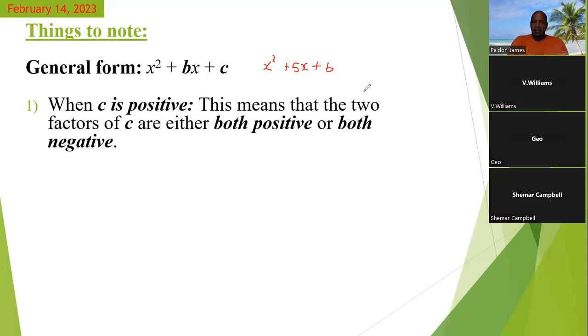What is it that you can say about the last term here? What is the sign of the last term? The last term here would be positive. It is positive.